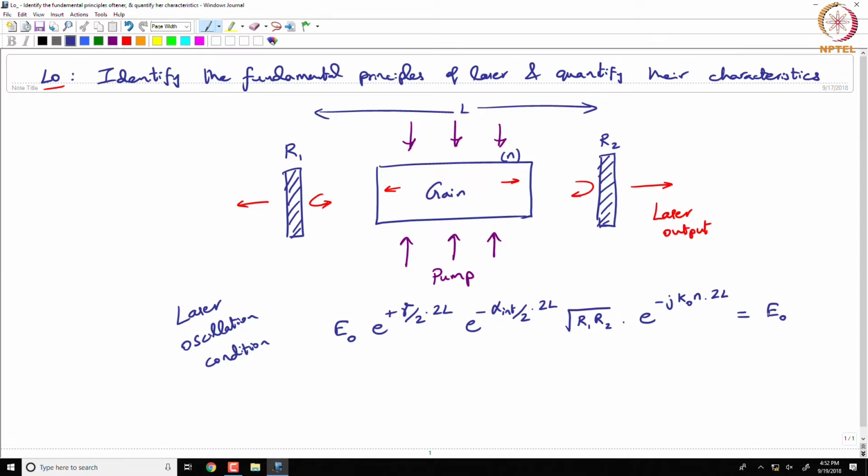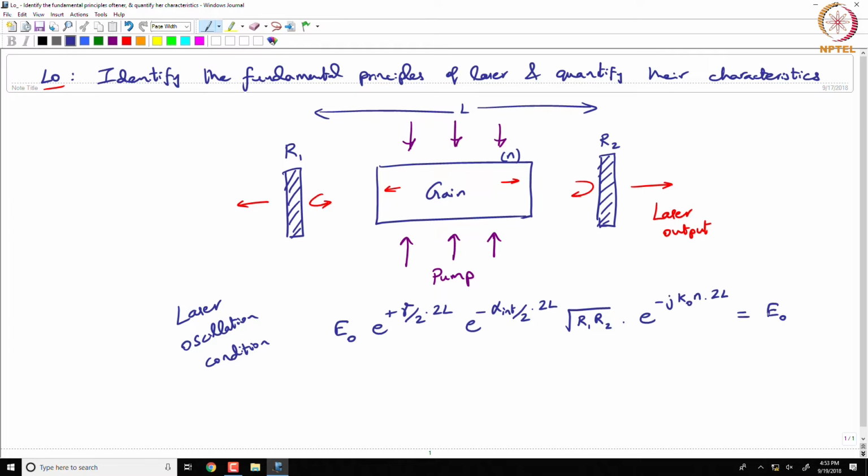Essentially what we are saying in writing all of this down is you are able to sustain the fields upon consecutive round trips, right, such that the gain that you have is enough to offset all the losses within the cavity, and then you are able to sustain the fields within this structure.